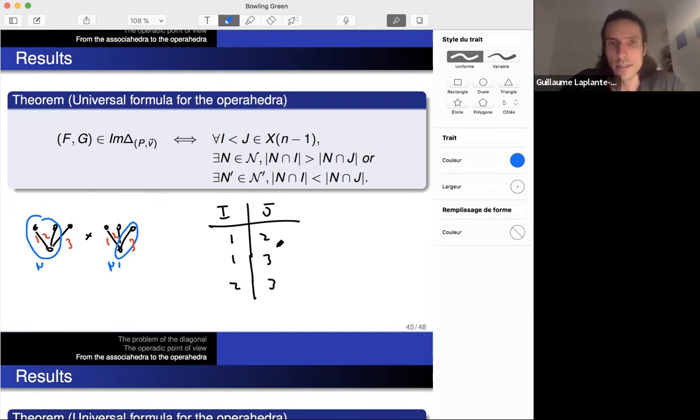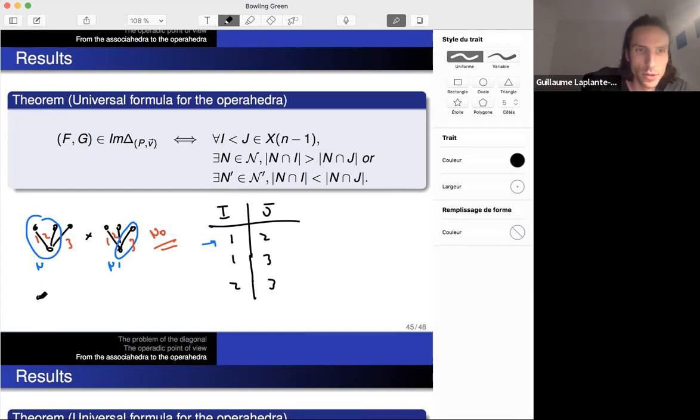So you look at every pair. If you look at this first one, 1, 2, you need either a nest on the left that contains 1 but not 2, or you need a nest on the right which contains 2 but not 1. And here, unfortunately, it's not the case. So this pair is not in the diagonal.